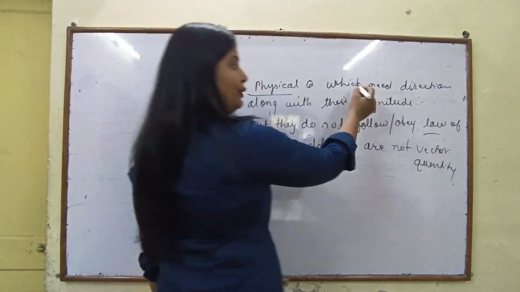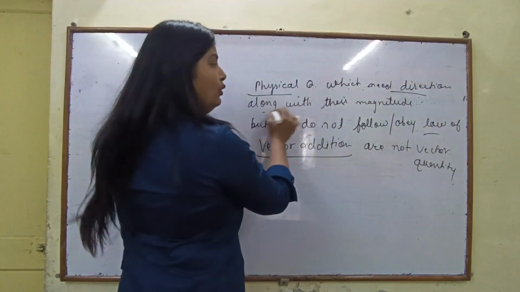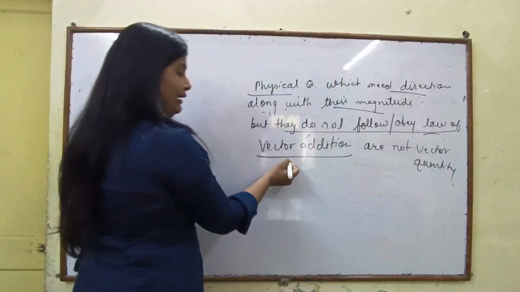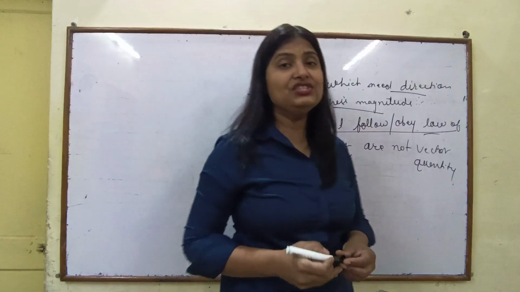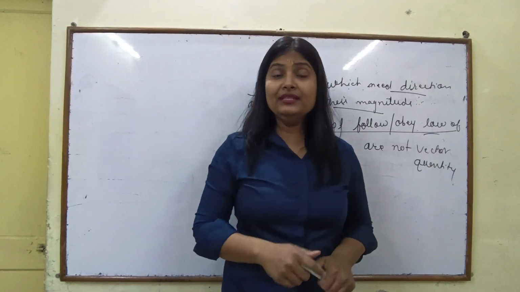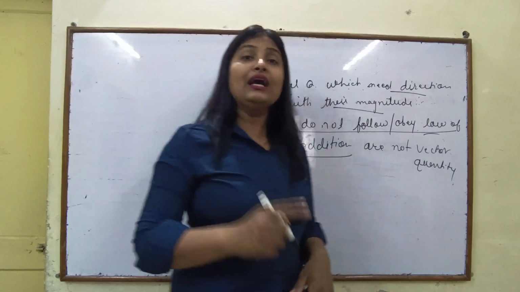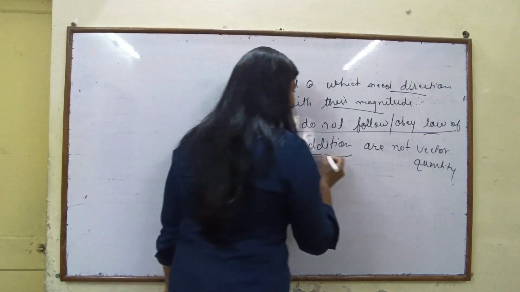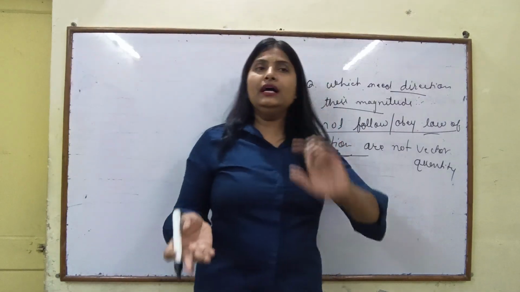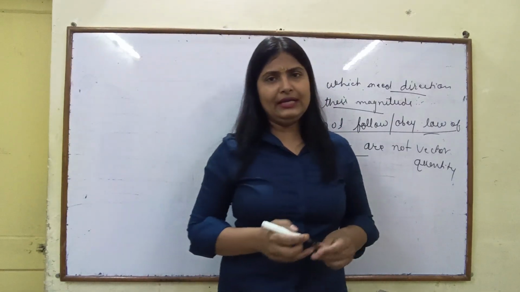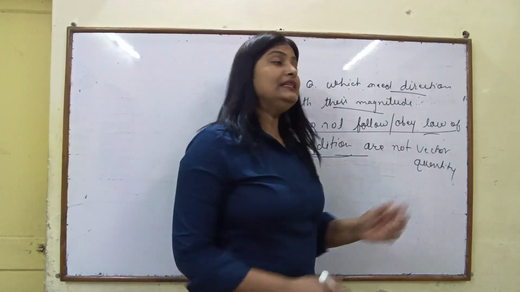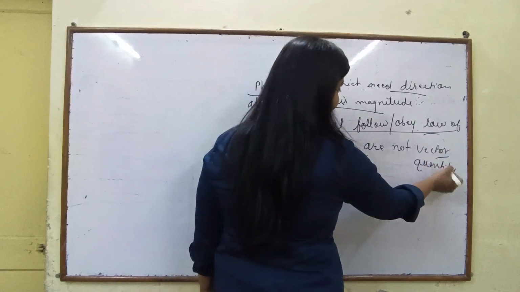Physical quantities which need direction along with their magnitude, but do not follow or obey the vector law of addition, are not vector quantities. Means vector quantities always obey the vector law of addition. So if any physical quantity is not following the addition law, then it is not a vector.